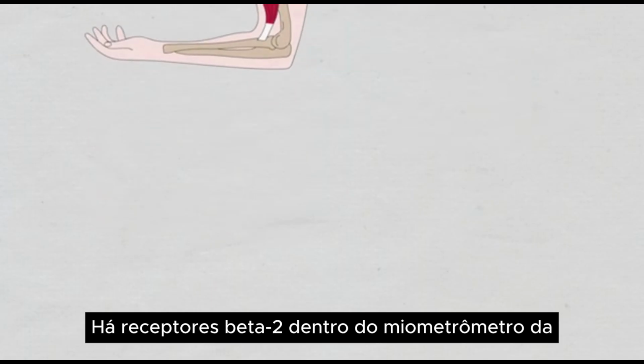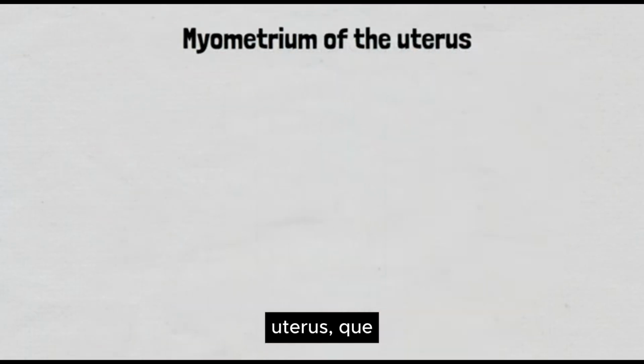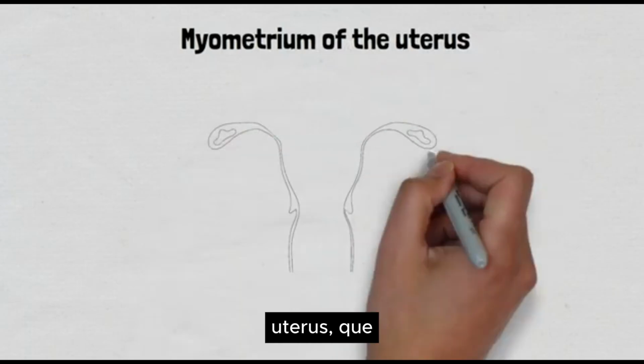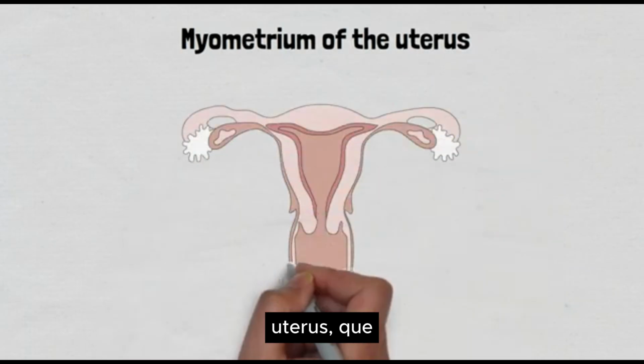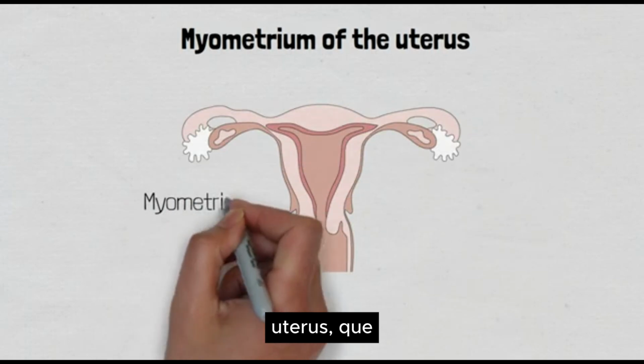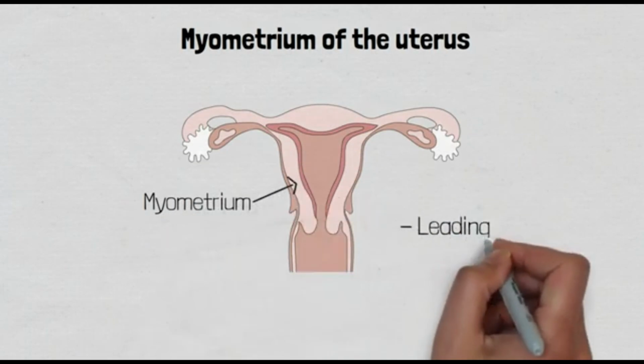There are beta-2 receptors within the myometrium of the uterus, which can cause uterine relaxation.